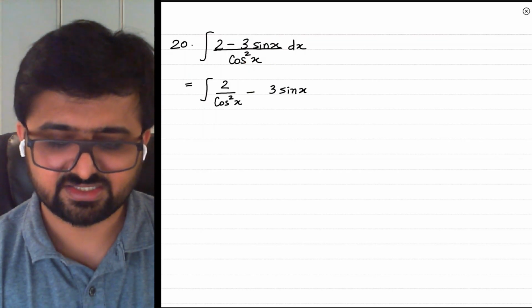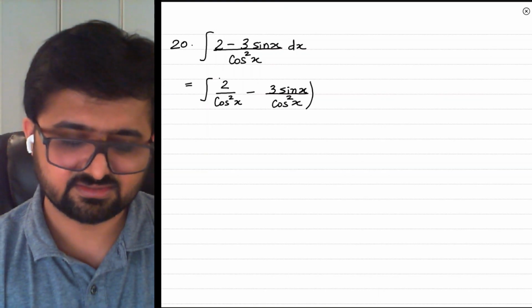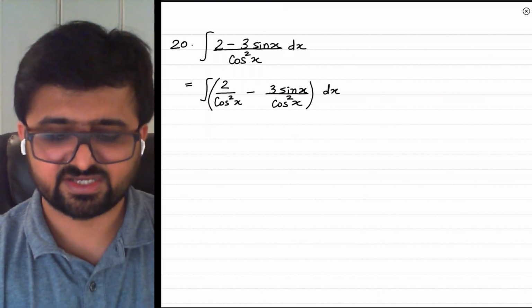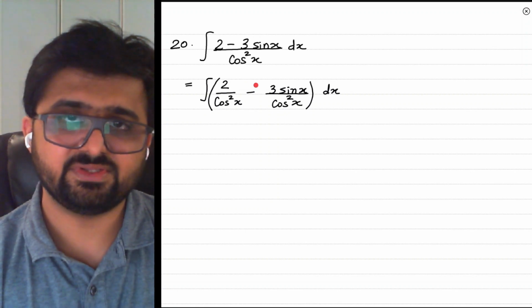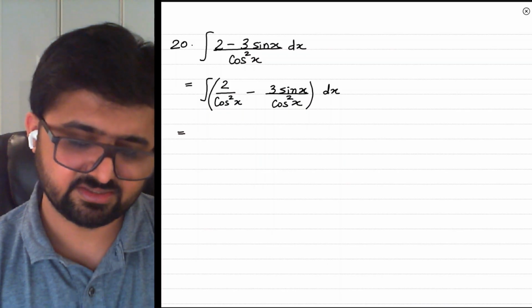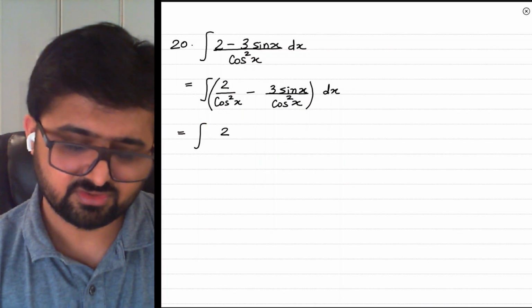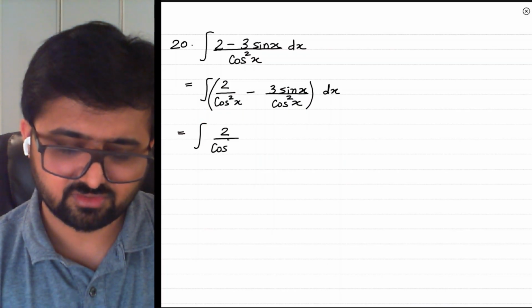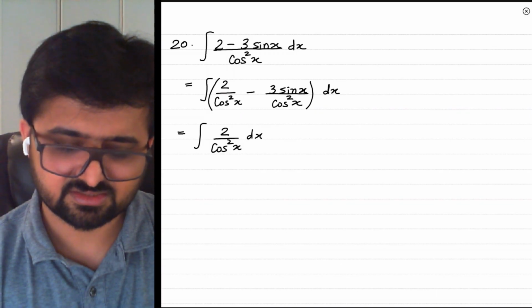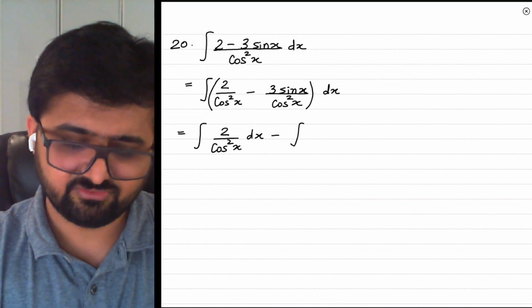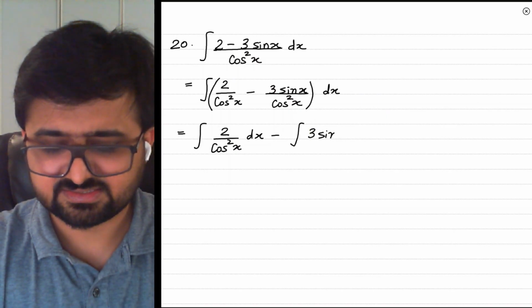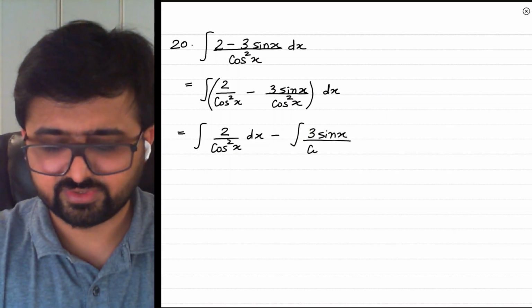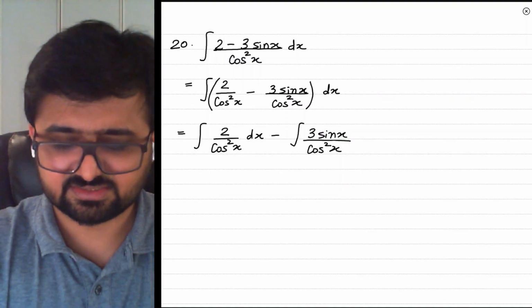So 3 sin x over cos square x, with respect to x. Okay. Now split the integral between those two terms and we get integral of 2 over cos square x dx minus integral of this second term 3 sin x over cos square x dx.